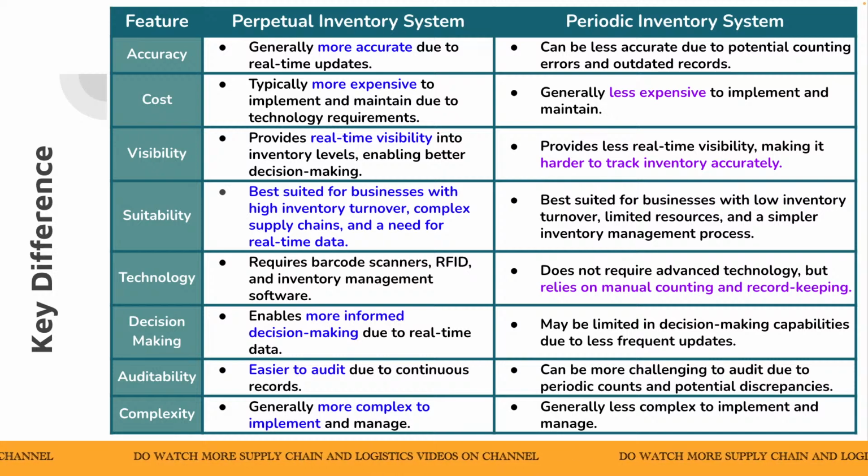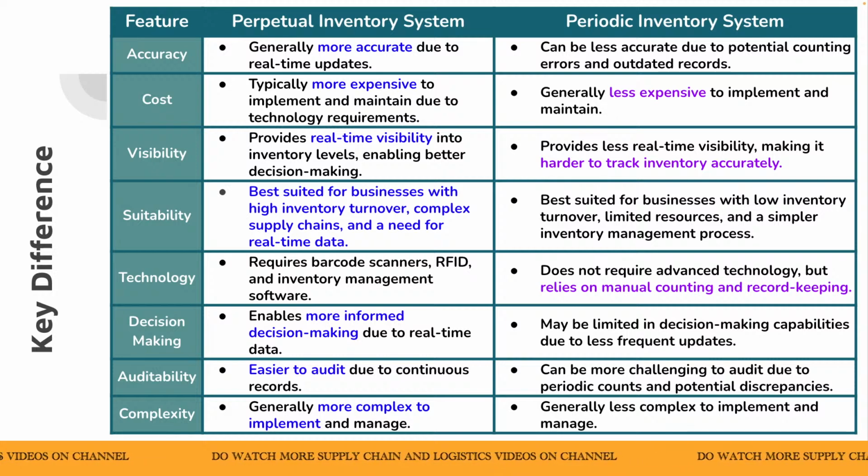So this kind of problem may occur. In order to be updated at each point of time on how much demand I have, and where the inventory is moving too fast because of the high turnover, perpetual inventory systems are the best choice.